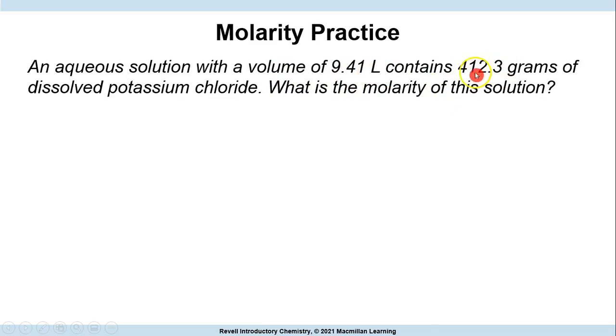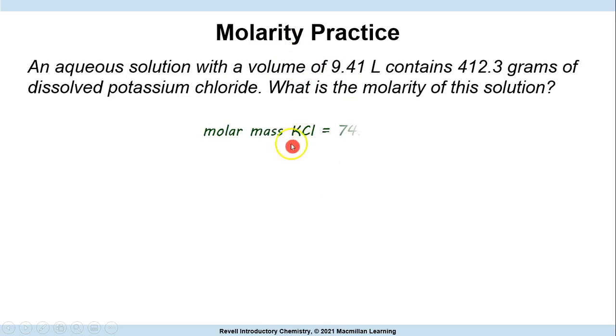So we are going to start by looking for the molar mass of potassium chloride. After obtaining the molar mass, we are going to obtain the moles using the given mass. From that, we will have the moles and we'll have the volume. From the moles divided by the volume, we are going to obtain the molarity.